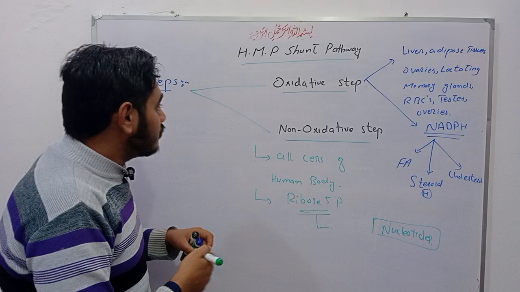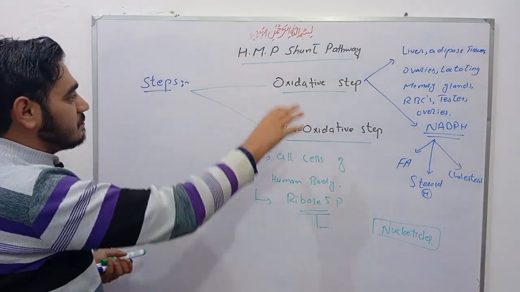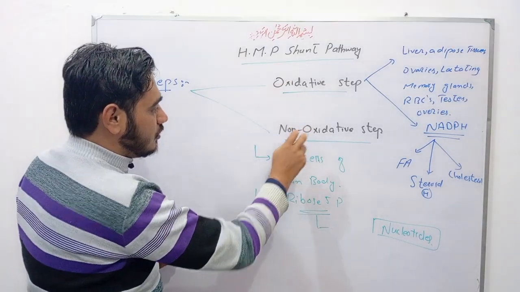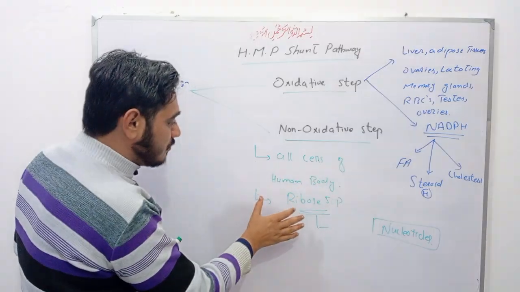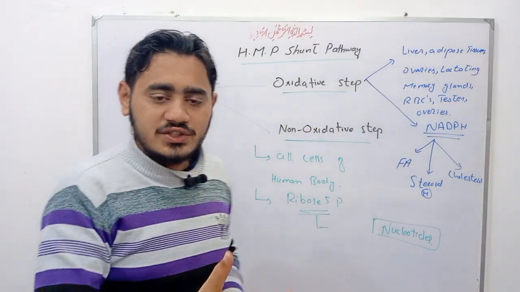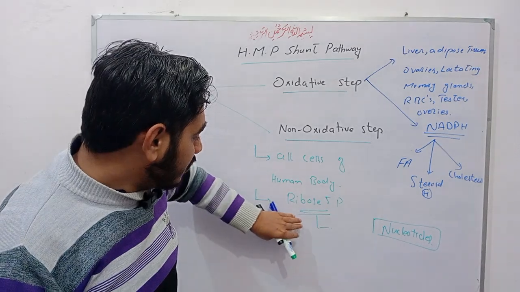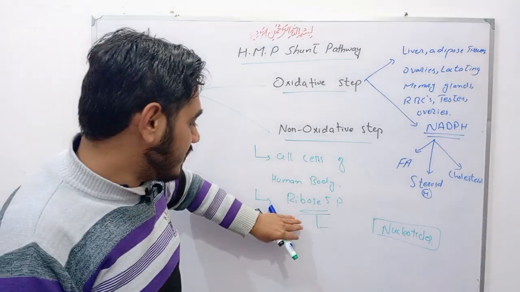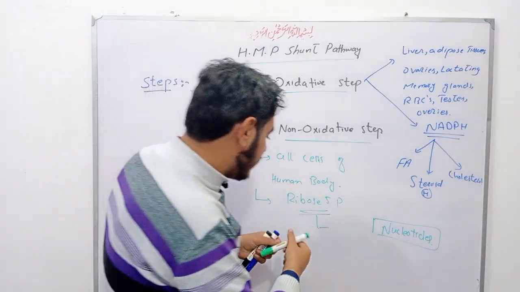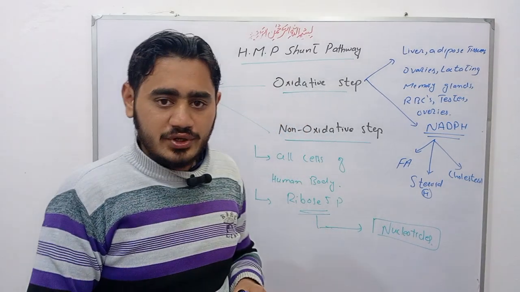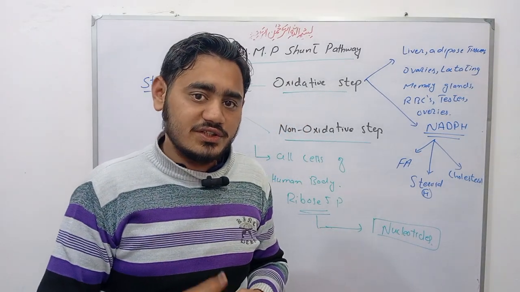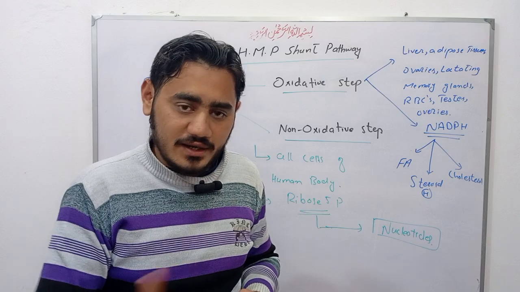Okay, so these are the two steps of HMP shunt pathway: oxidative step and non-oxidative step. The non-oxidative step occurs in all cells of the human body, which is very important in the synthesis of the 5 carbon sugar, that is ribose 5-phosphate, and it is very important in the synthesis of nucleotides. And nucleotides are very important in the synthesis of DNA and RNA.